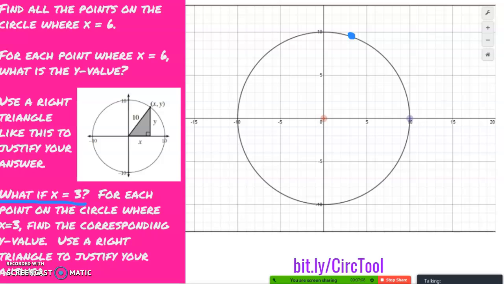And also down here, y is 3. Okay, so I want you to use a right triangle to do this and find the corresponding y value. When x is 3, what is y? Okay, in both of those spots. Pause the video and then give it a try.